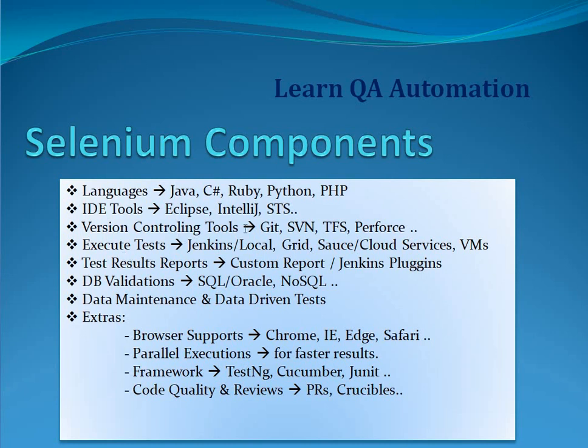Then versioning tools. You need to understand Git, SVN, TFS. These are some of the tools you need to know at least, because you are working on coding, right? You have to push your code into the repository. In order to do that, these are the tools that will help you push into your repository and then get the version.